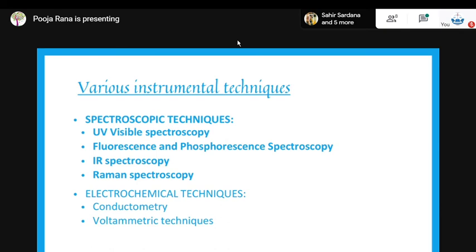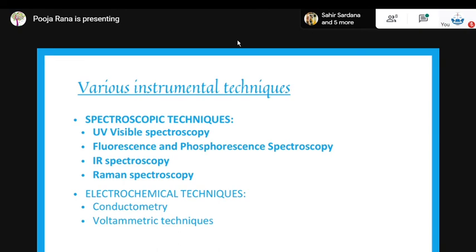After some time, it loses its energy and comes back to its lower energy level, which is the more stable energy level. The energy emitted by that electron is in the form of light energy, and that light energy is the example of fluorescence.